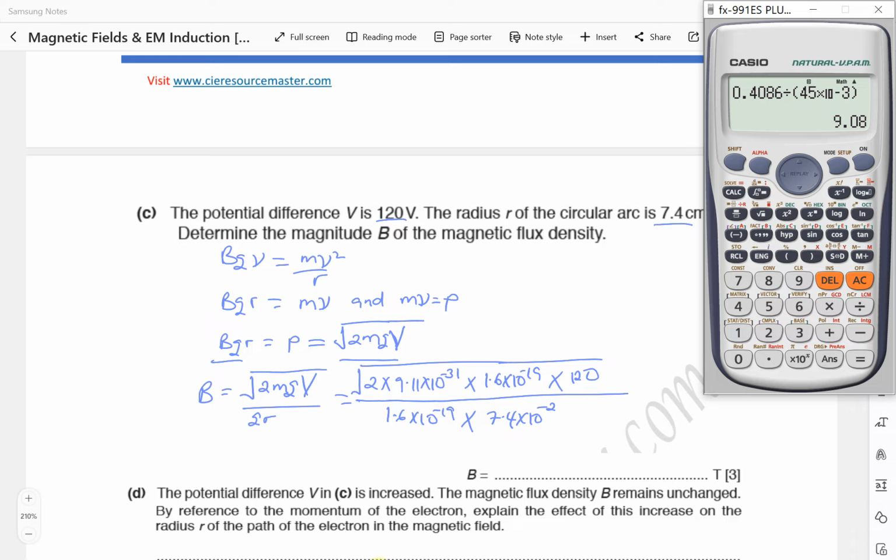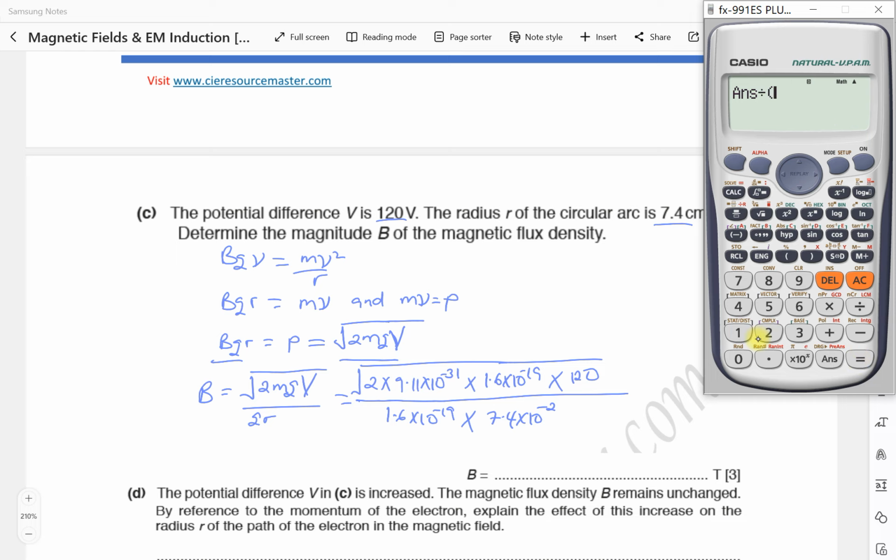Pressing my calculator here, I have 2 times 9.11 exponent minus 31, then times 1.6 exponent minus 19, then times 120.